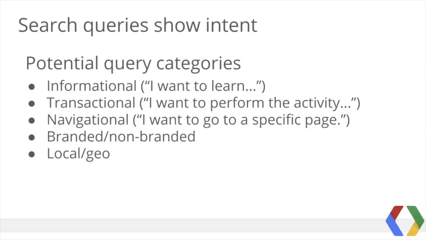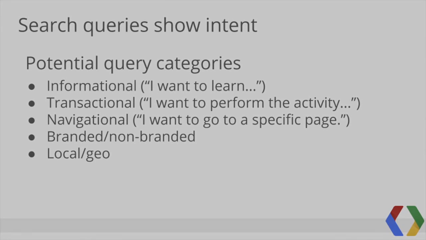Transactional queries reflect the searcher wanting to perform an activity, such as buying a product or downloading a file. Navigational queries are when a searcher wants to go to a specific page. Commonly, businesses also include categories of branded and non-branded keywords, as well as queries with local or geo intent.